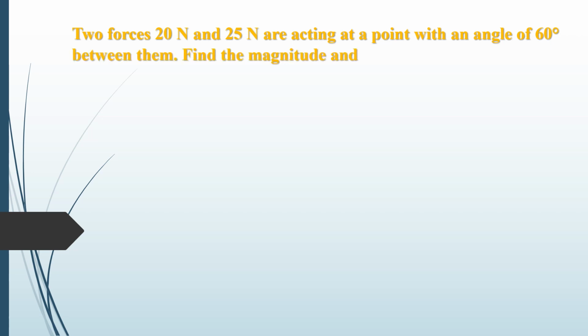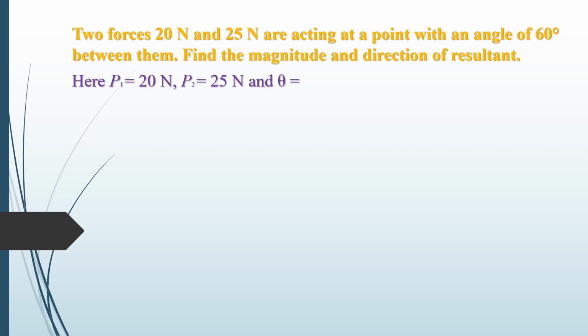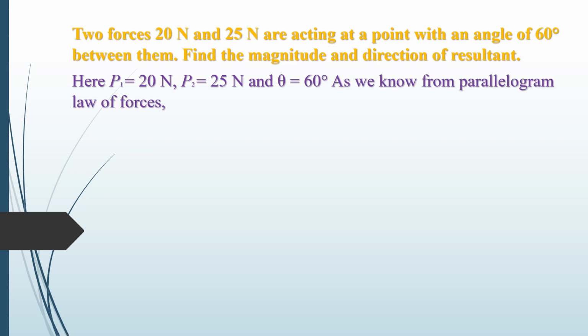Two forces, 20 Newton and 25 Newton, are acting at a point with an angle of 60 degrees between them. Find the magnitude and direction of the resultant. This is the example we are going to look at. Here P1 is 20 Newton, P2 is 25 Newton and theta is 60 degrees. From the parallelogram law of forces, R is the square root of P1 squared plus P2 squared plus 2 P1 P2 cos theta.